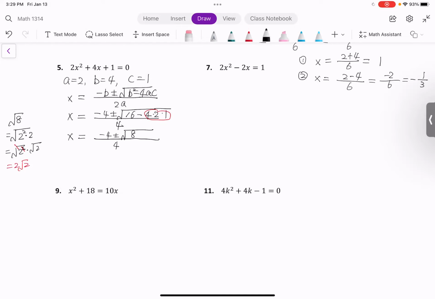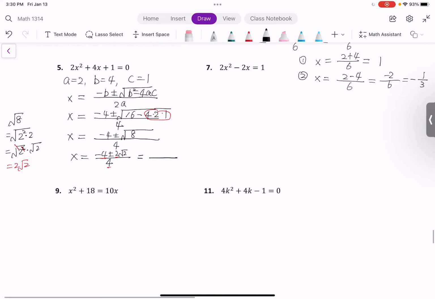So by the simplification, we get negative 4 plus or minus 2 square root of 2, over 4. Since on the top we have 4, we have 2, and at the bottom we have 4, they are all even numbers. We can divide all 3 elements by 2.